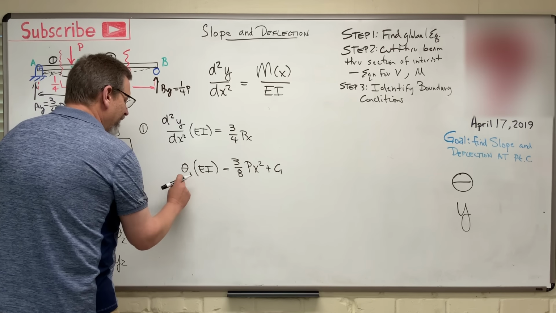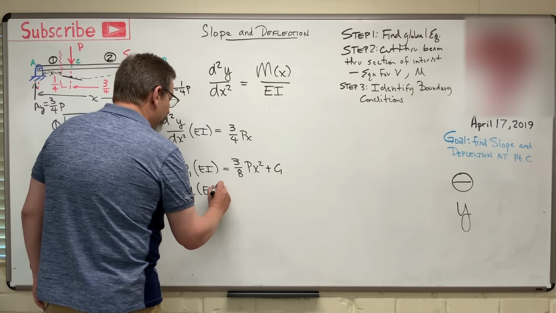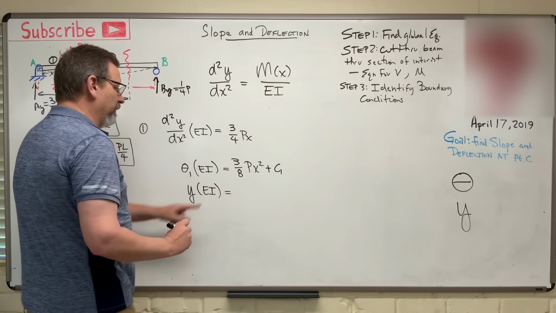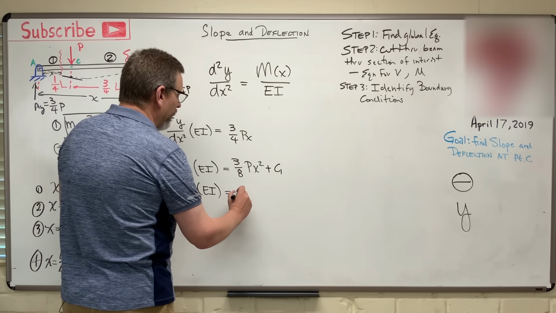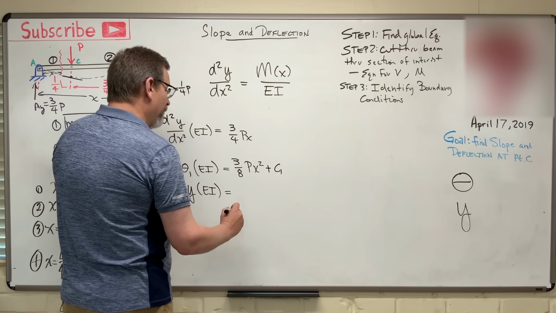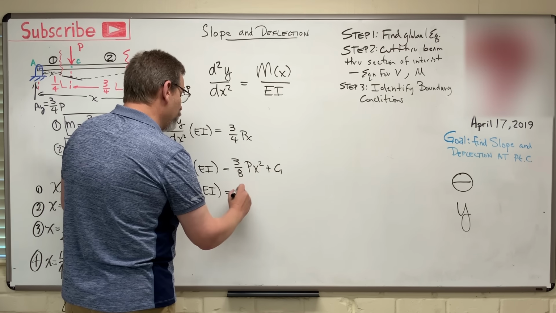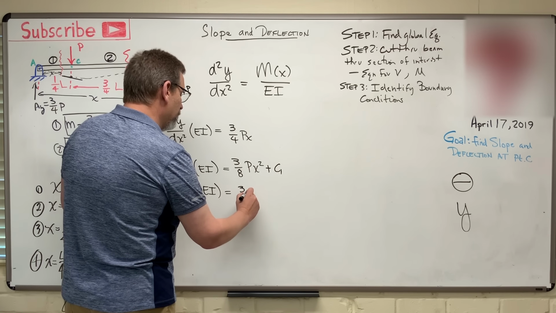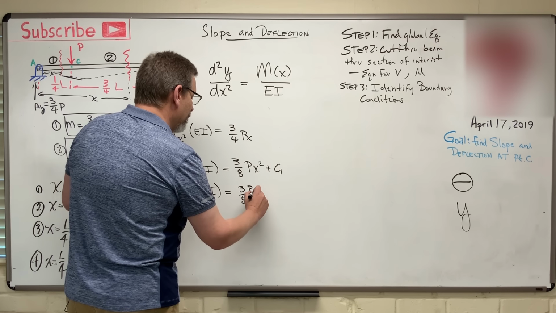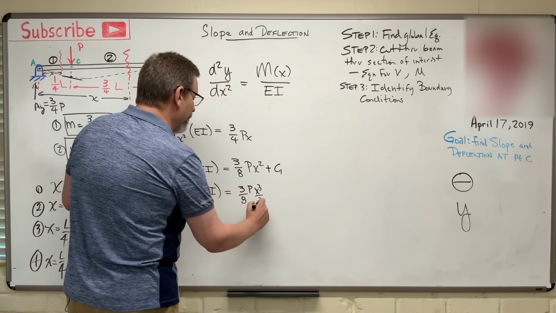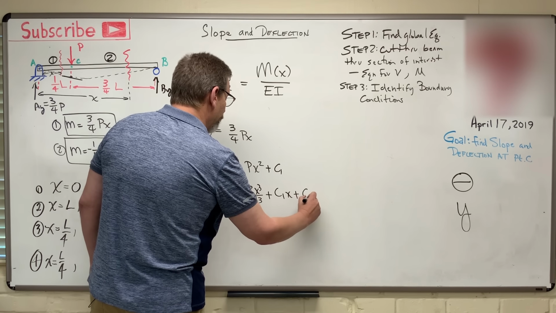So I integrate theta and I get y times EI equals, integrating, what are we going to get here? That's going to be a cube, right? 3/8 p x cubed over 3 plus c1x plus c2.